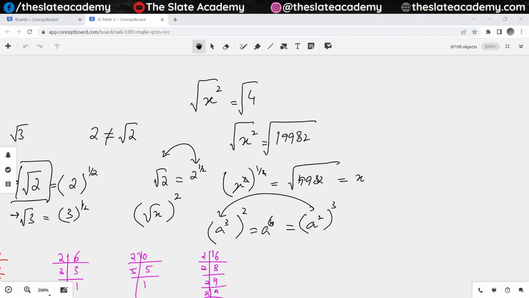You press the square root button, and then you write 19982, equal to. Okay, so this is finding square root.